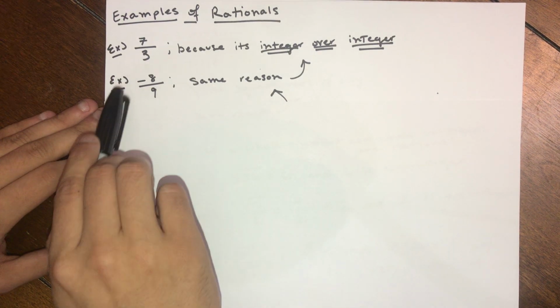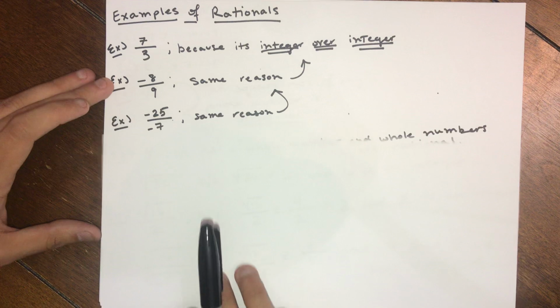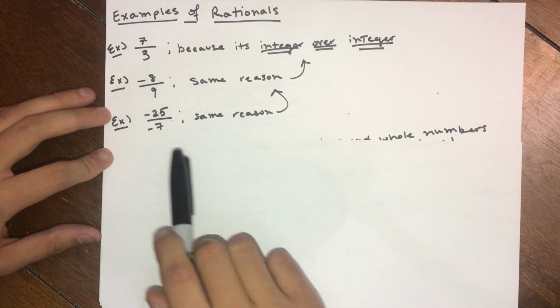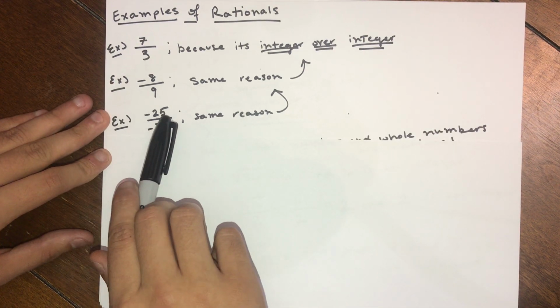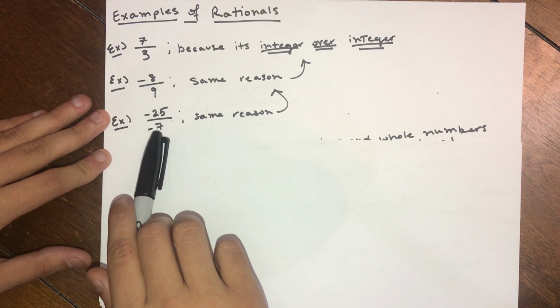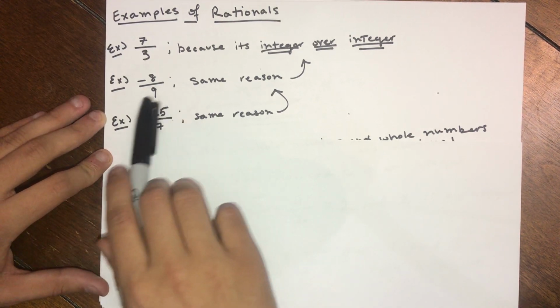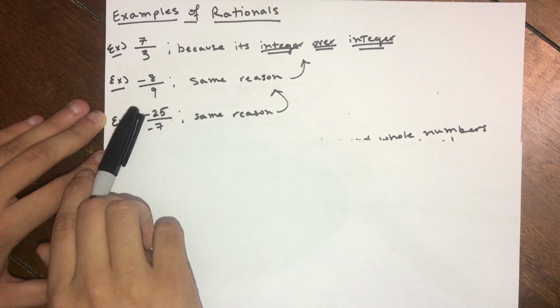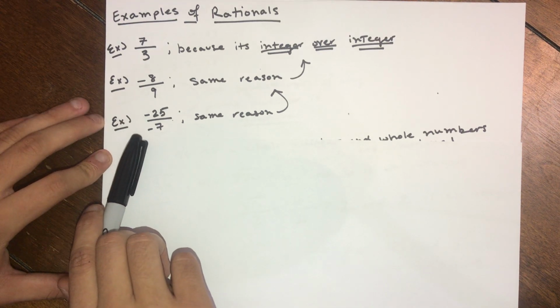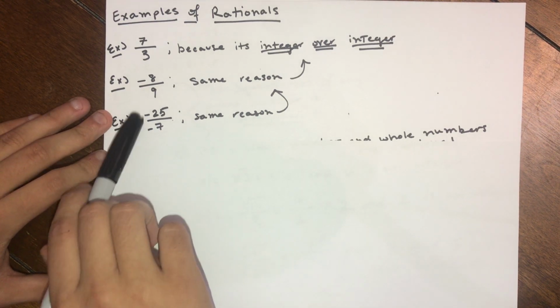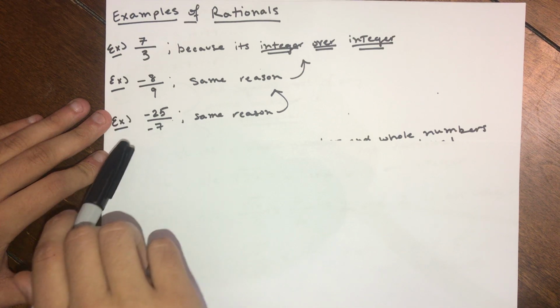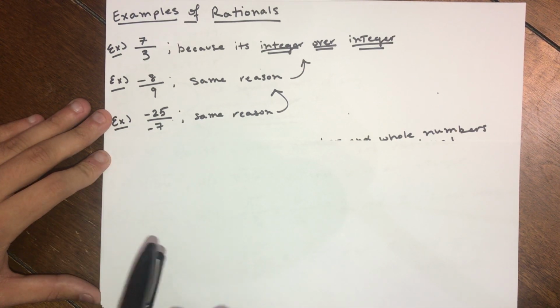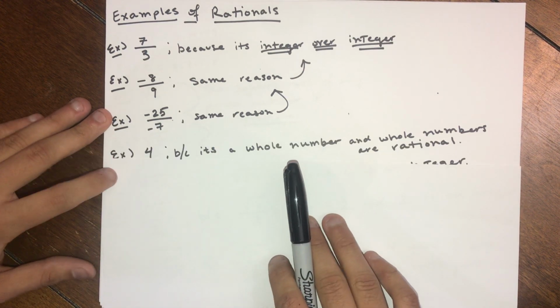Because it's integer over integer, all right? And same thing, we can have -25 divided by -7, okay? This one is also rational because it's integer over integer, okay? As long as it's integer over integer, or it can be written as integer over integer, the number is rational, okay?